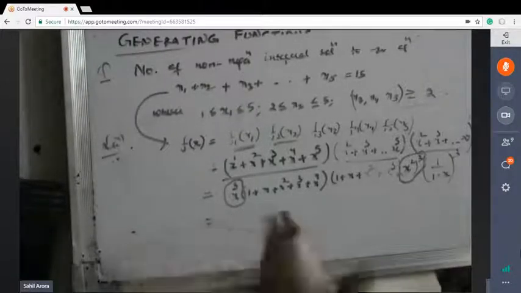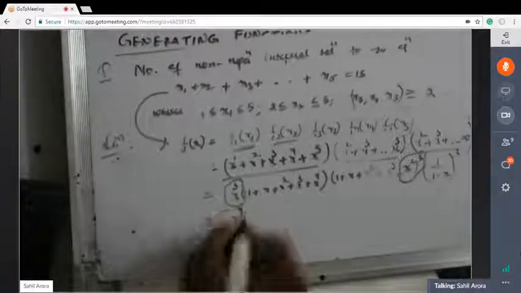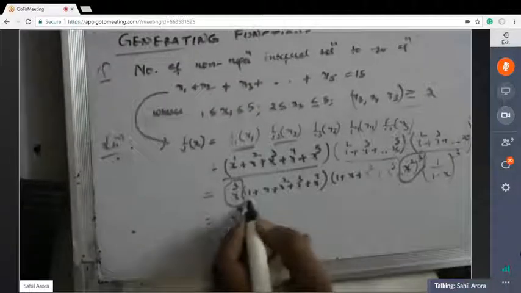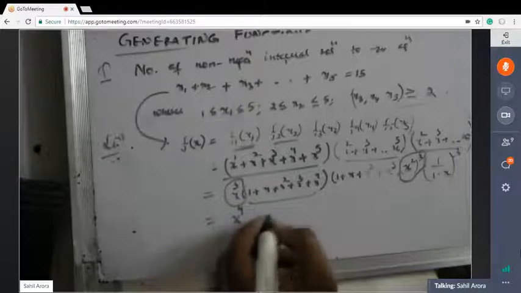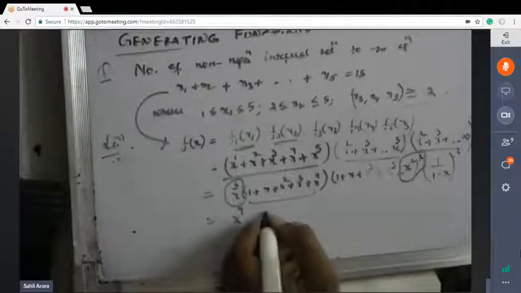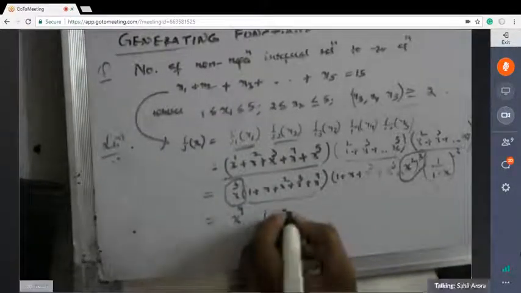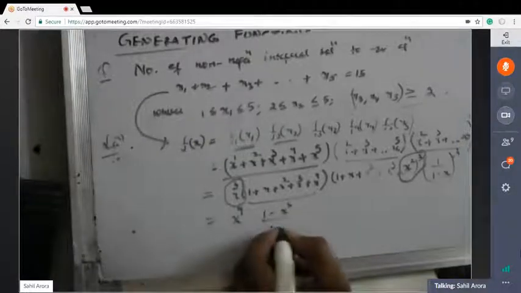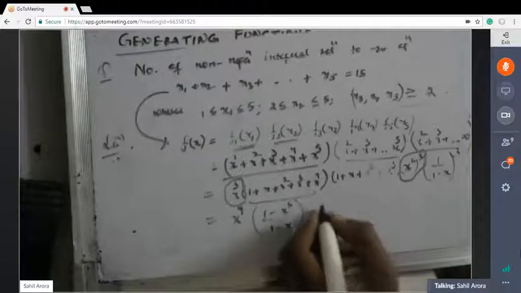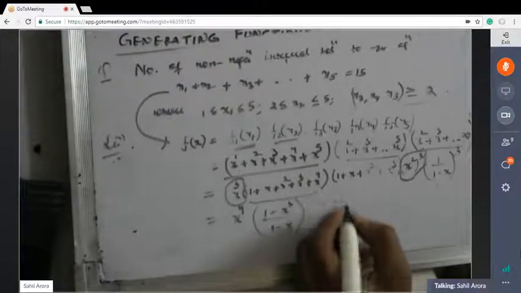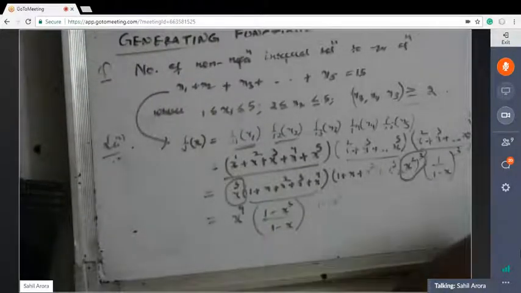So 6 plus 3, 9. So we got x to the power 9, and for the rest of the terms, see, this is a GP. So what we got from here is 1 minus x to the power 5 divided by 1 minus x. Right? Similarly, here I can write 1 minus x to the power 4. Just 1 second.